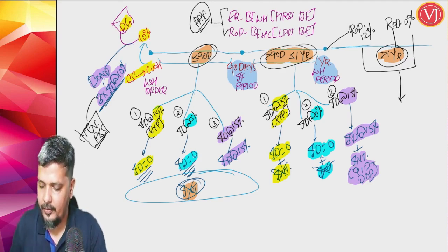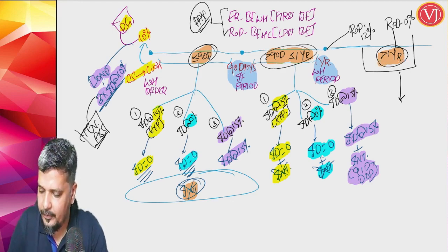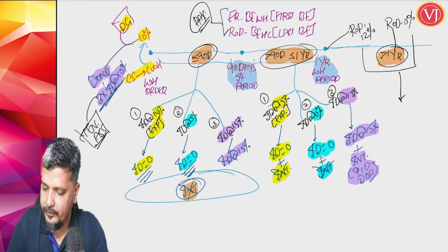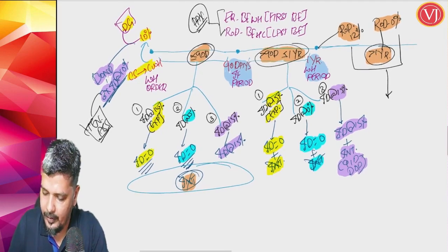What happens? Now you are clearing after 1 year. When you are clearing it, rate of duty is 0. But when 1 year was over, it was 12.